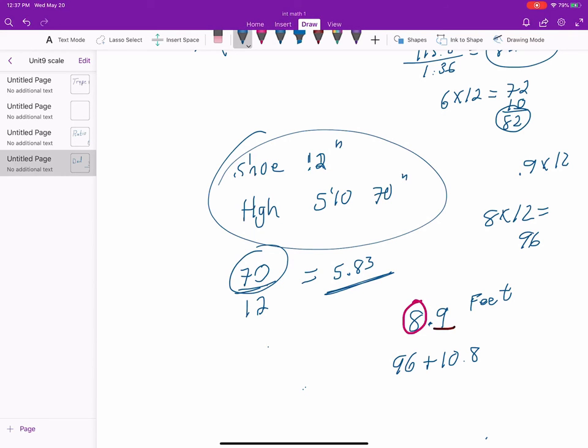That would be 106.8 inches is how much he is. Now we're going to divide that by his shoe, which I think was 18.8, oh, I got it on this slide, 18.5. So we're going to divide that by 18.5 and check to see if we have the same scale factor.